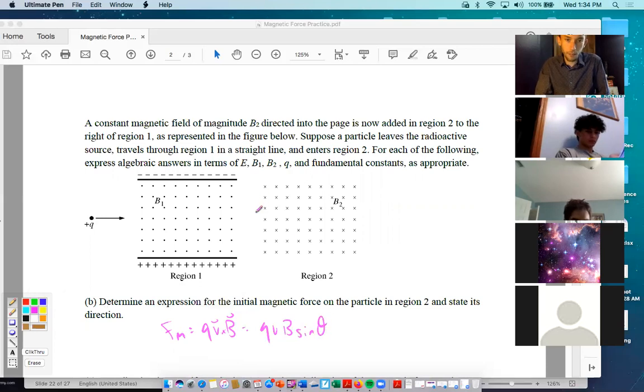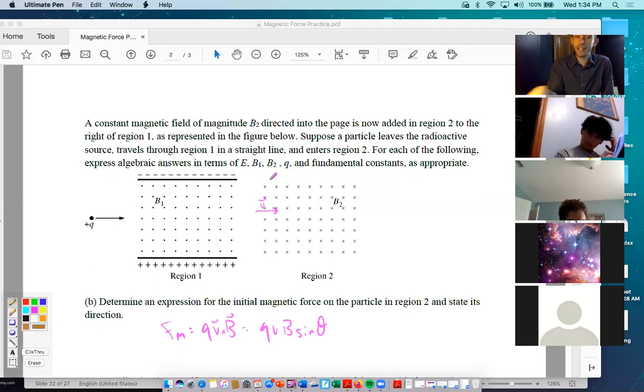The particle enters this region with a velocity to the right, and the field is going into the page. Right-hand rule: my fingers go to the right, aligned with the velocity, and curl into the screen, in the direction of the field vector. So now the force is up in this region.